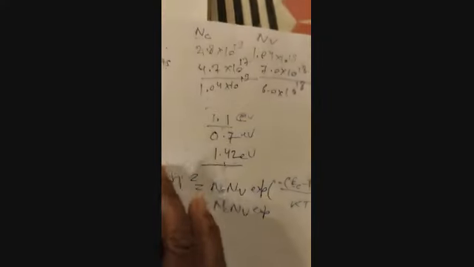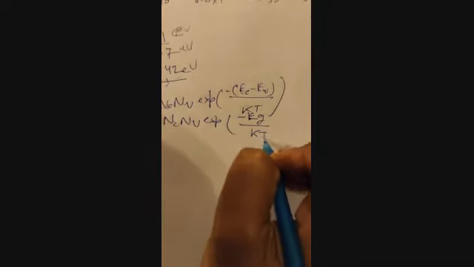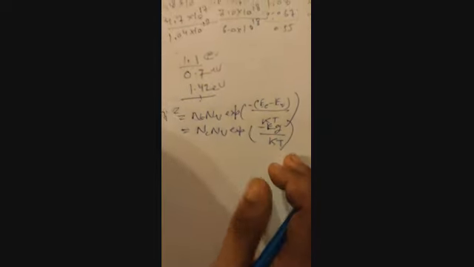The difference between EC and EV is called EG, the band gap. So ni squared equals NC NV exponential of minus EG upon kT, band gap divided by kT.